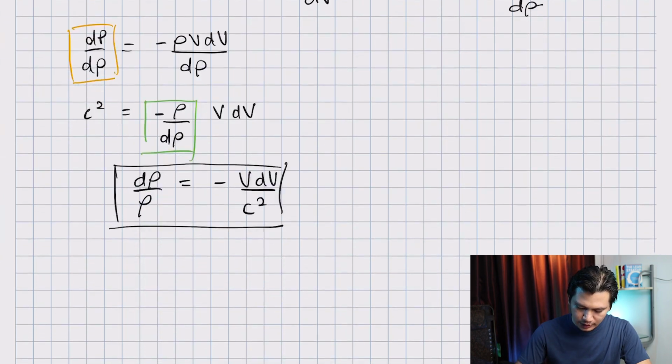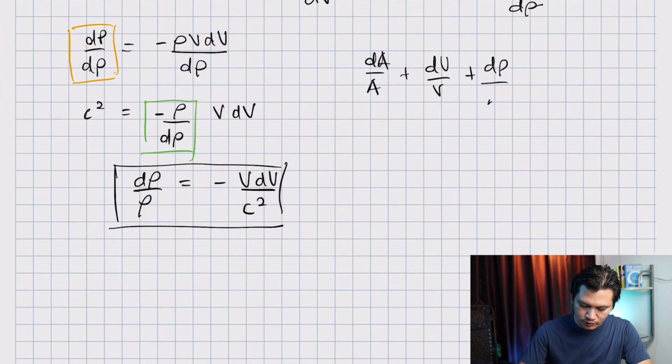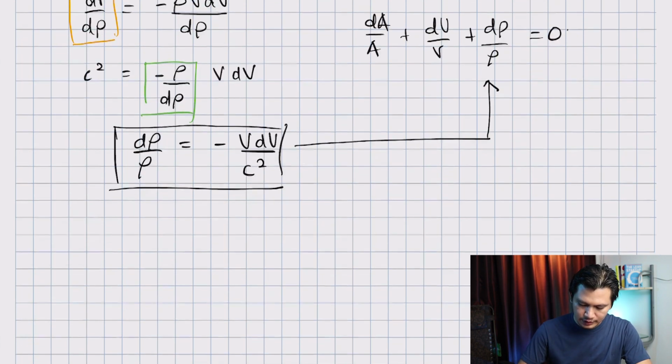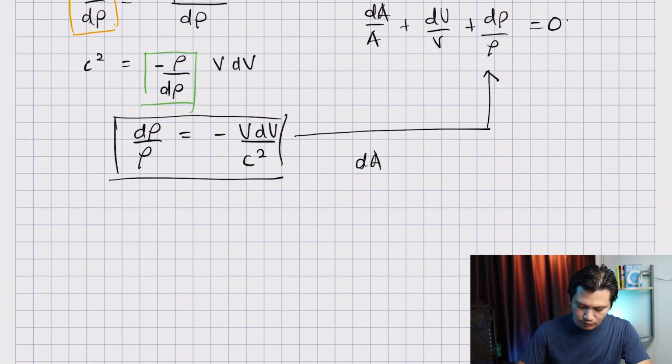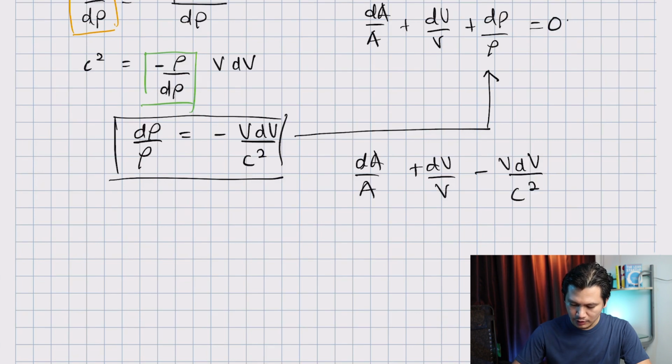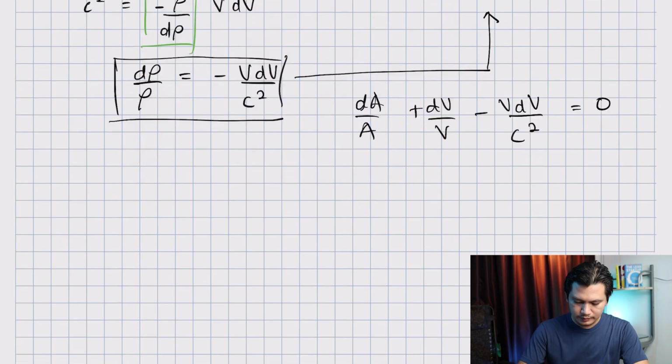So dA over A plus dV over V plus d rho over rho equals 0. And now I want to replace d rho over rho with this equation, right? And you will end up with dA over A plus dV over V minus V dV over C squared equals 0.